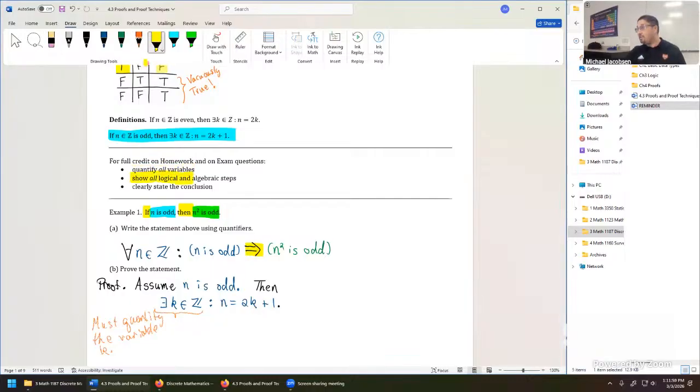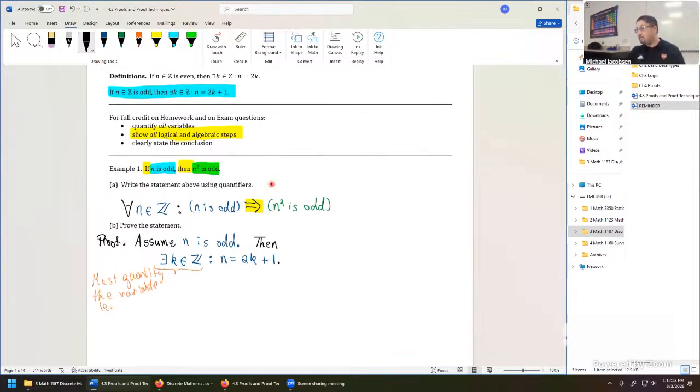Now we're showing all logical and algebraic steps to try to arrive at n squared. So if we have n right here, we can go ahead and square it and just see what happens. So let's let that be our next step. I'll say next, n squared. Recall, we're trying to arrive at odd for n squared, which means we're trying to get this to work out once again.